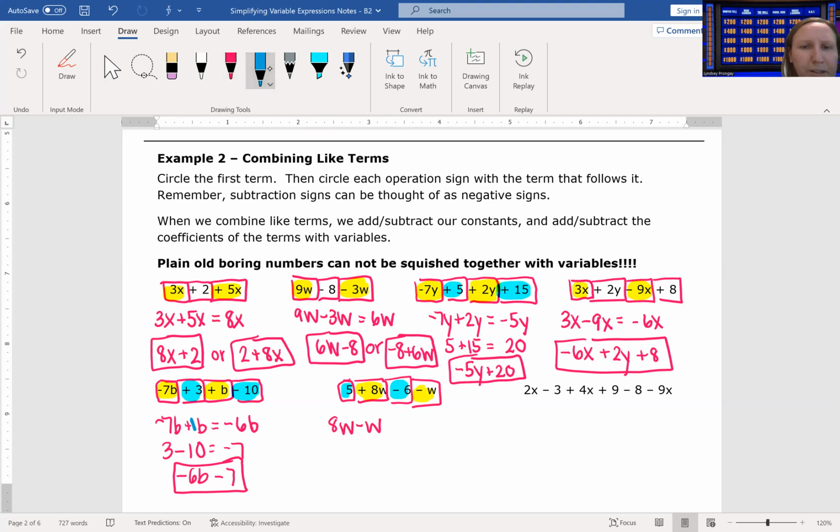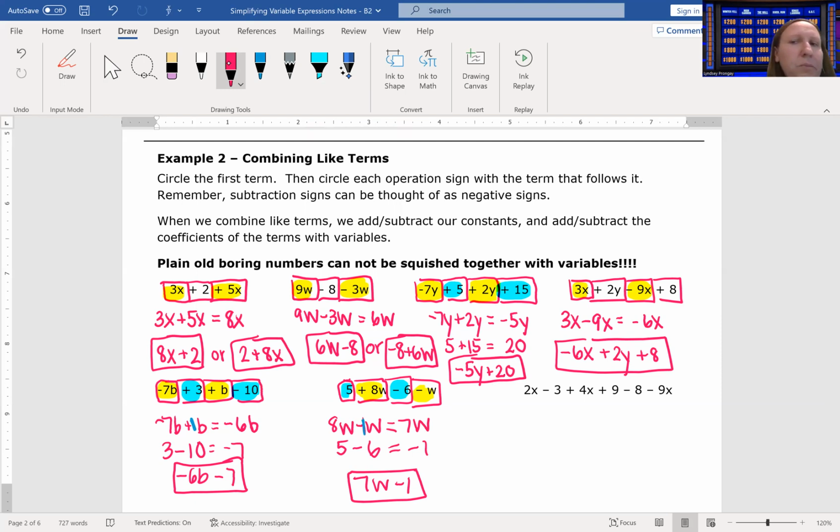If I really wanted to think of that as a 1 in there, I can. So 8w's minus 1w gives us 7w's. And 5 minus 6 would be negative 1. Put our two terms together, 7w minus 1.